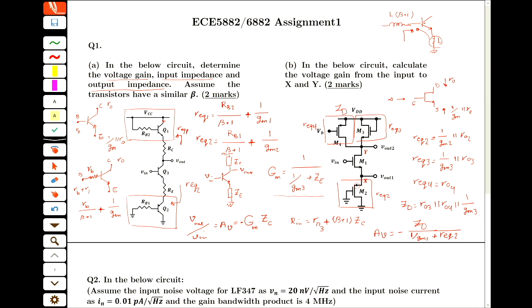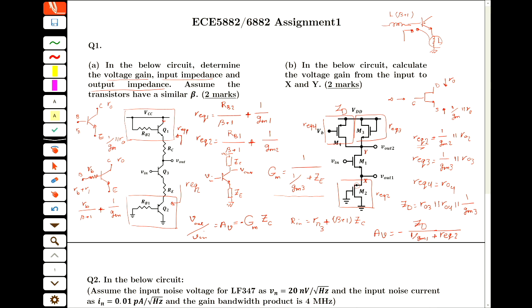But if we include RO1, everything is messy. See, here you can, for example, say RO2 is very high, and it's just 1 over GM2. I mean, this is correct. Here it's 1 over GM3. Okay? And here R equal 4 is infinity. Just assume that they are not there, because they are very big.